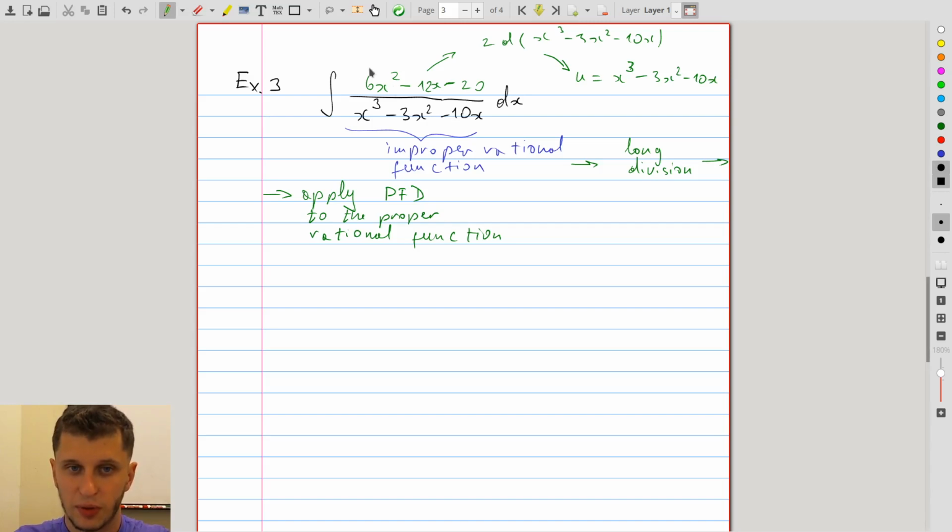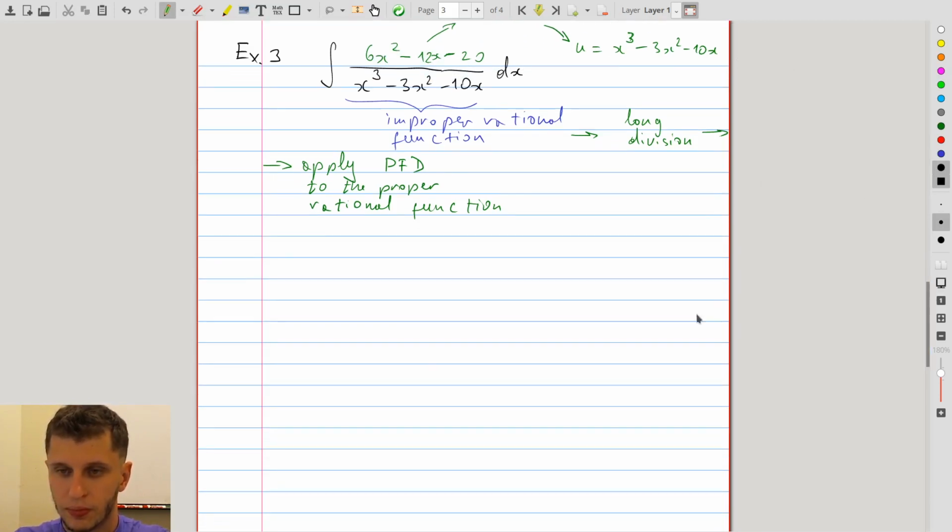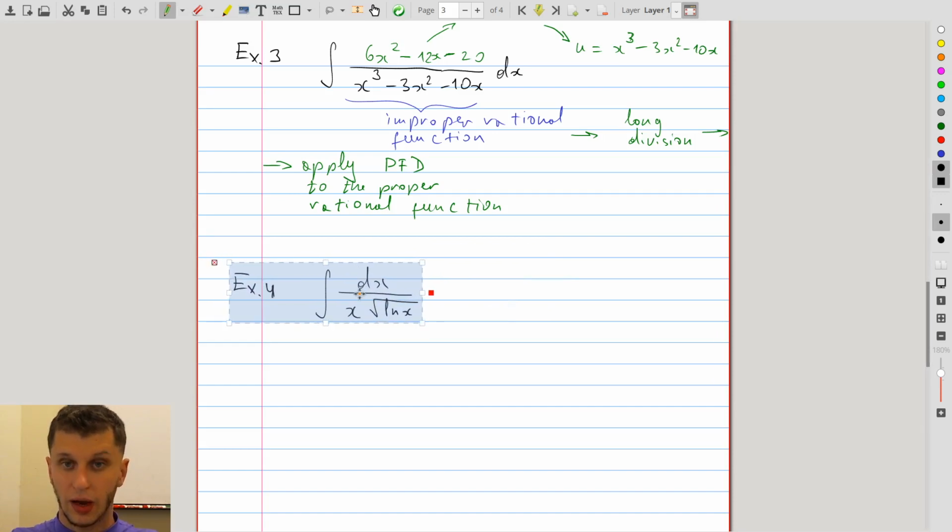So, such as, for example, with this modified numerator, the optimal strategy is to use u sub with u being the denominator, because then the numerator is just 2 times the differential of u. So I leave example 3 for you to complete.